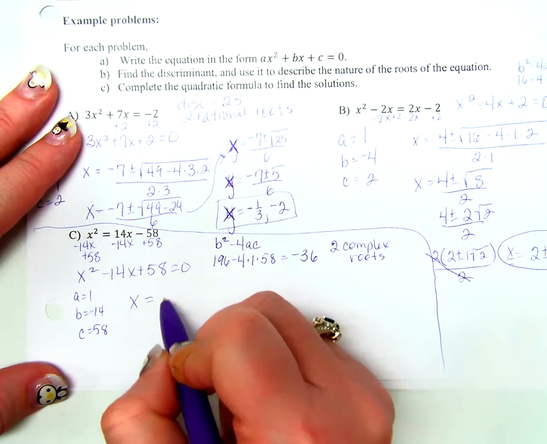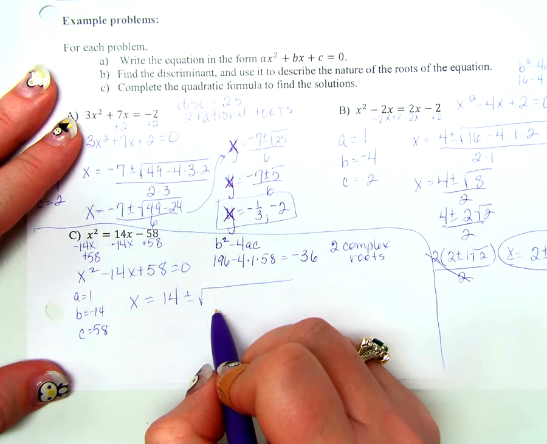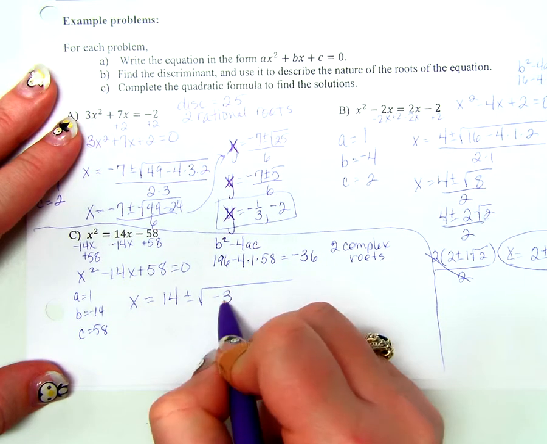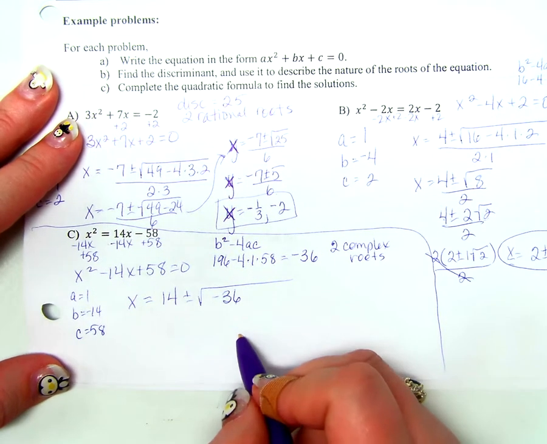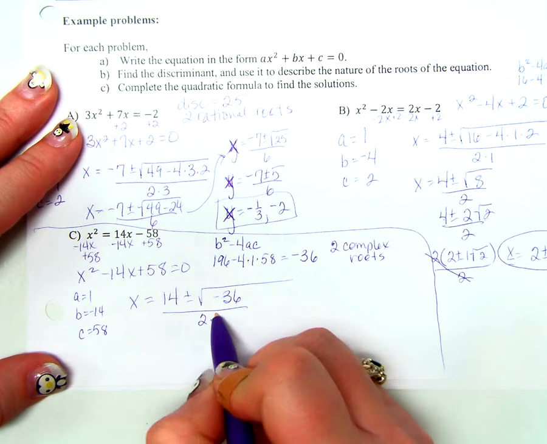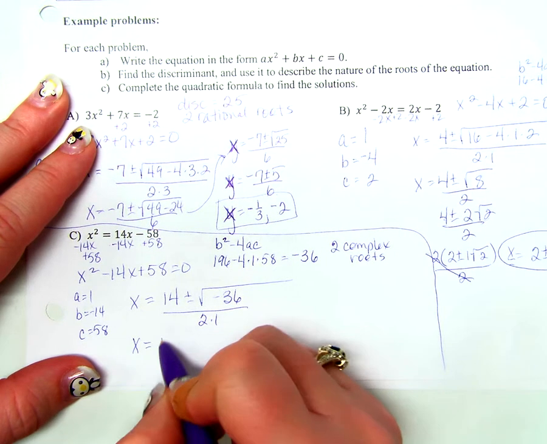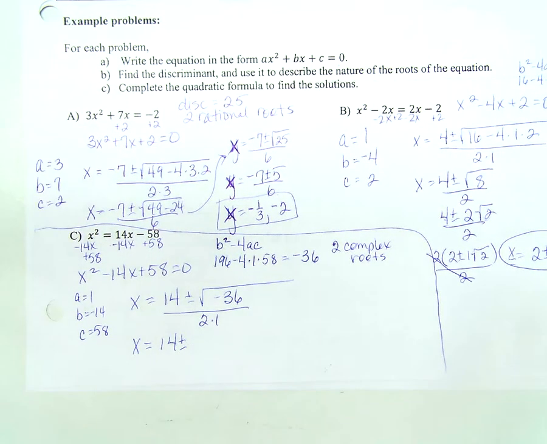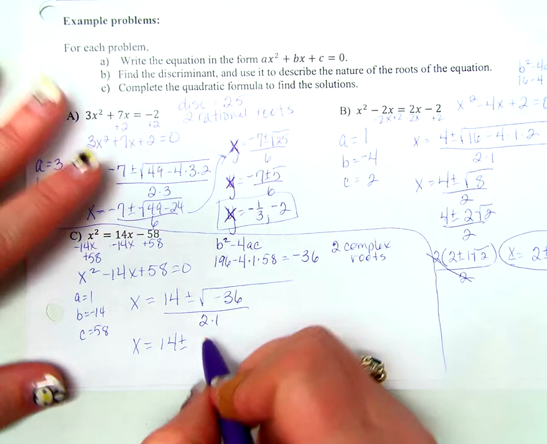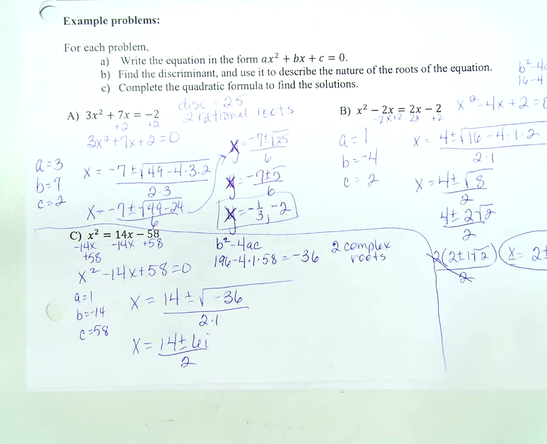X equals negative B plus or minus the square root. Ooh, I can just go right here, can't I? B squared minus 4AC, because I already found that right here. All over 2A. X equals 14 plus or minus what? 6i over 2. Anybody notice anything?